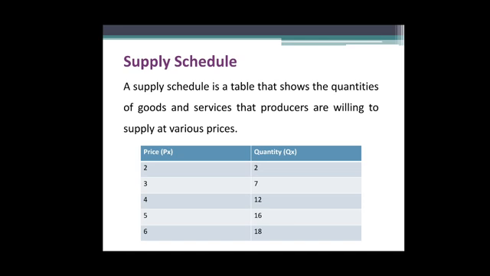When the price of commodity X rises to rupees 3, 7 units of commodity X are supplied, and when the price further goes up to rupees 4, the quantity supplied of commodity X has risen to 12 units and so on. So the table shows that higher the price, higher will be the quantity supplied, and lower the price, lower will be the quantity supplied.